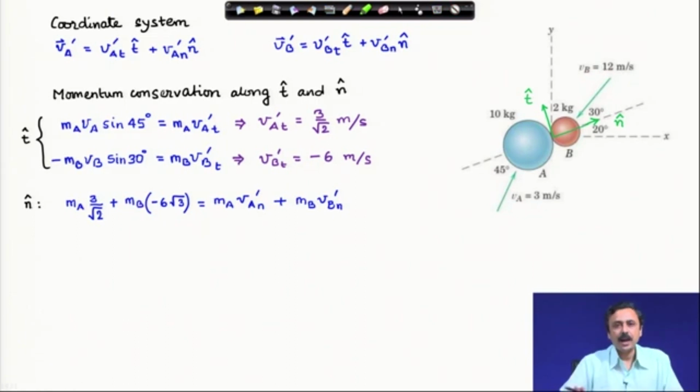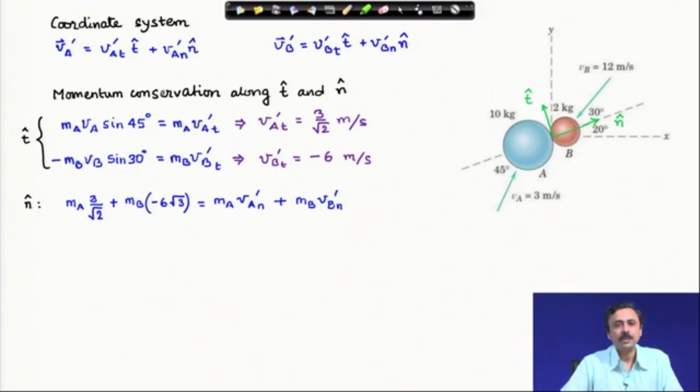And on the right hand side, I have the linear momentum of the system after the impact, which consists of the linear momentum of particle A in the normal direction.